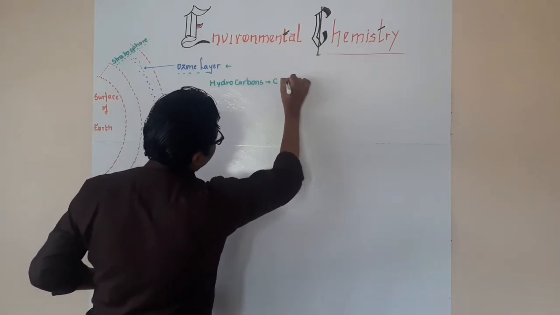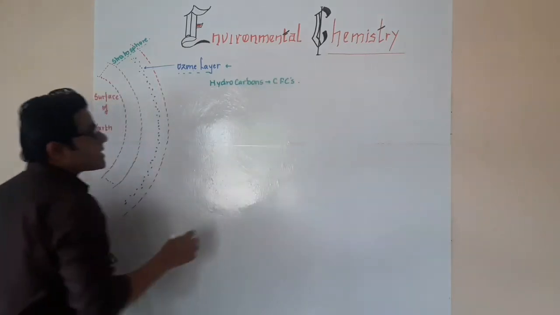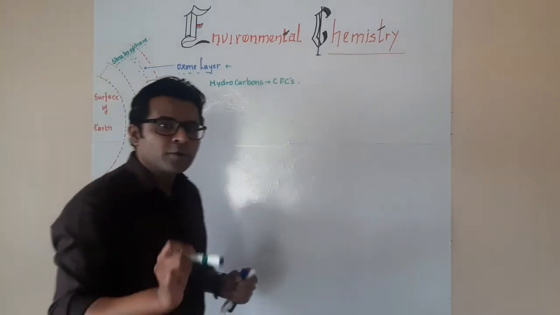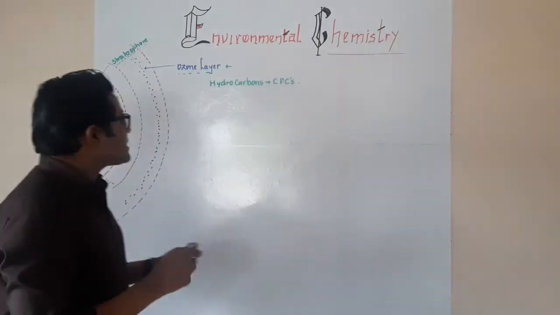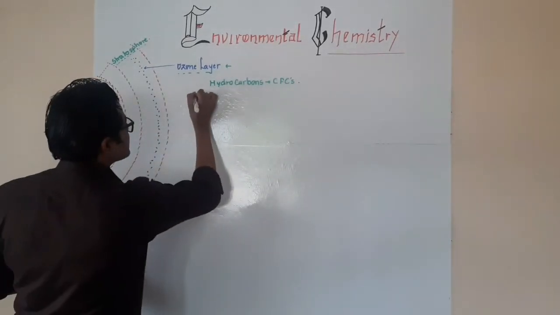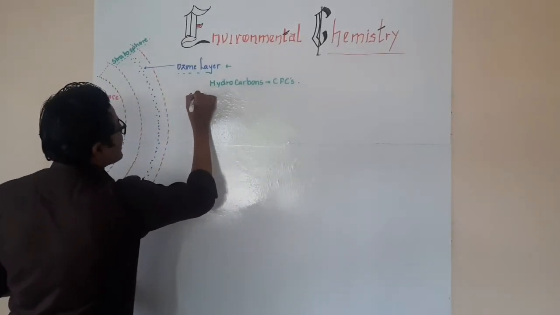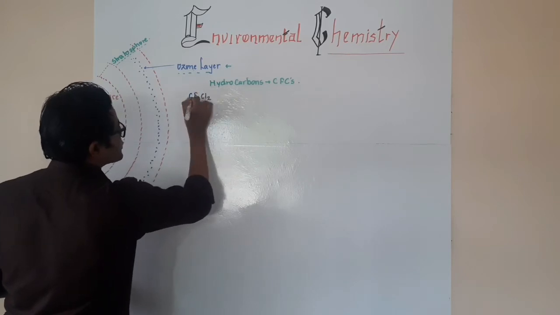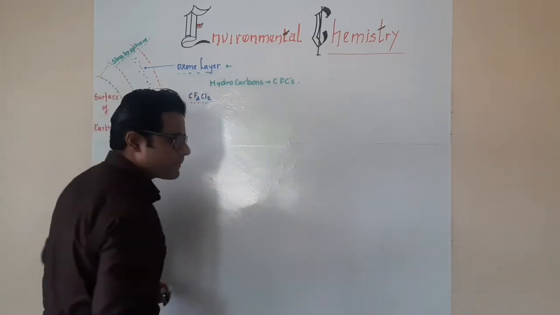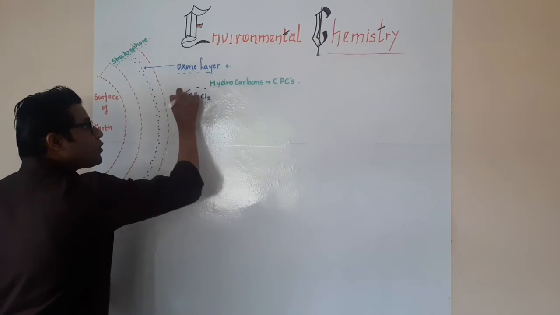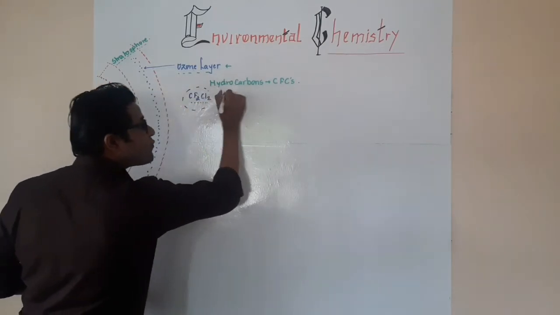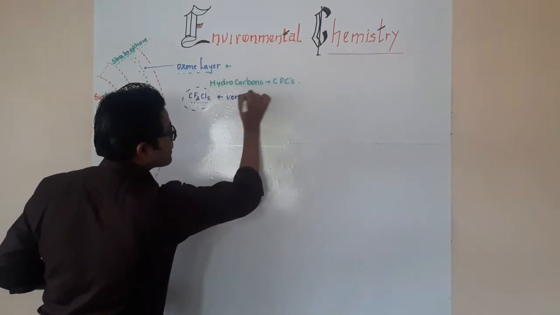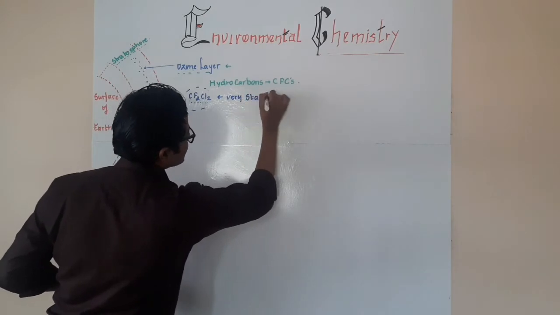Those hydrocarbons that are depleting the ozone layer are called CFCs, which is nothing more than chlorofluorocarbons. This chlorofluorocarbon is CF2Cl2. It is a very stable compound.